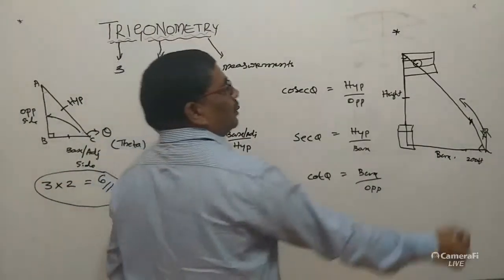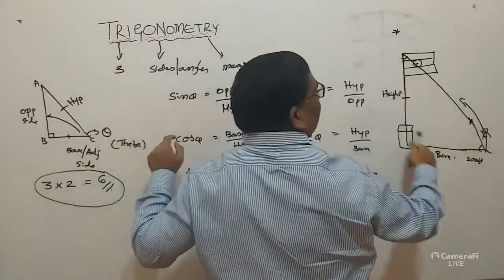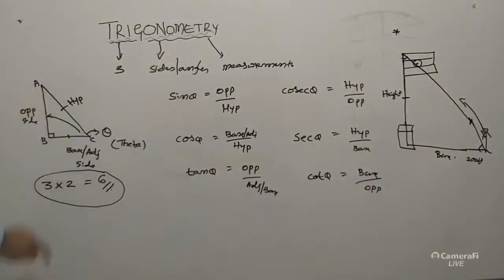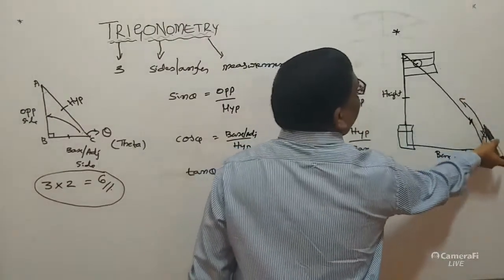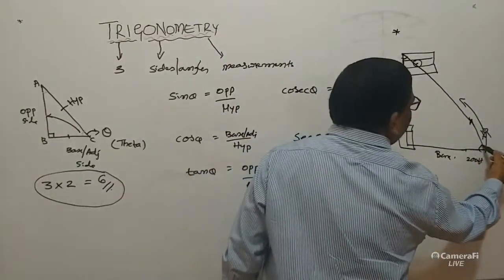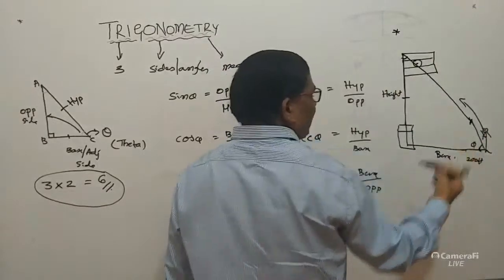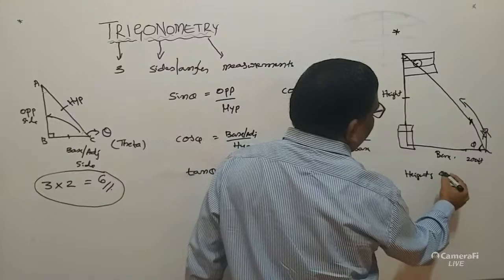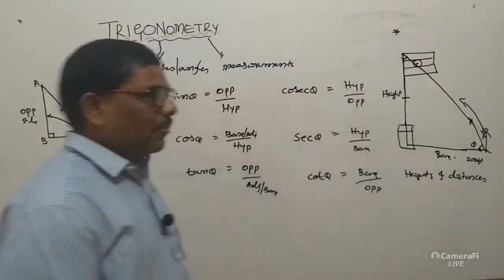The diagram clearly shows a right angle triangle, where the boy looks towards the flag post and the inclination angle is the angle of elevation. If I consider this as theta, you know this is the height and this is the base. It is called heights and distances. You can calculate heights and distances by using trigonometric conditions.